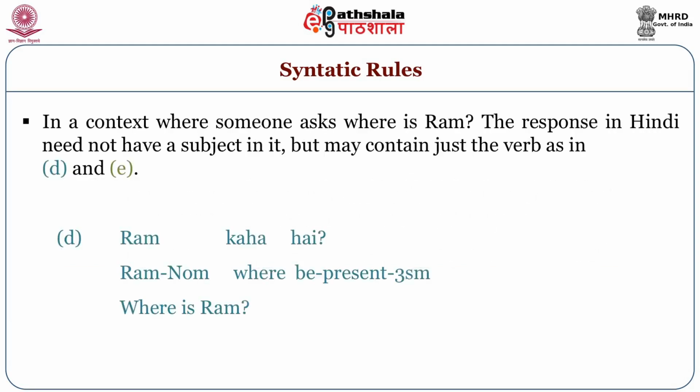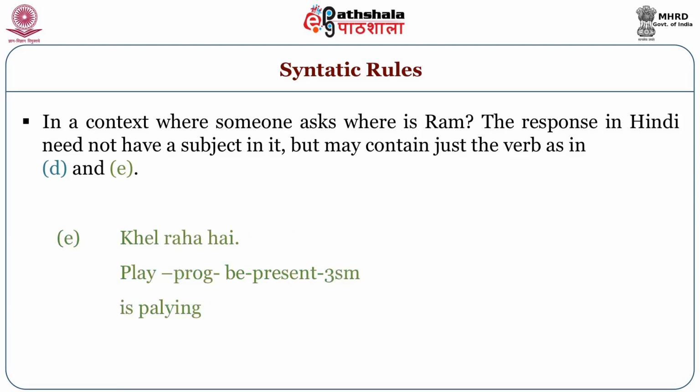In a context where someone asks, where is Ram? The response in Hindi need not have a subject in it, but may contain just the verb as in D and E. In sentence D, when in Hindi we say, Ram kahan hai? And in English we say, where is Ram? Khel raha hai.